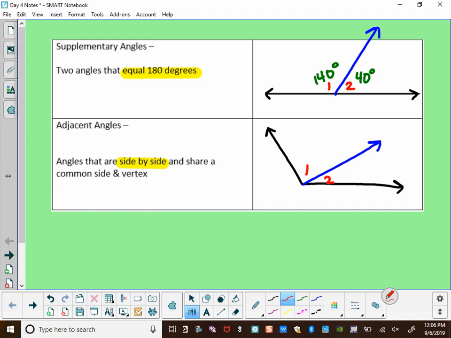Angle 1, angle 2. Both of those are adjacent angles because they are side by side. That's all that's saying. Your supplementary angles are also going to be adjacent because those 2 angles are also side by side. But adjacent angles don't have anything to do with the measures. It's just we're looking to see what's right beside it.